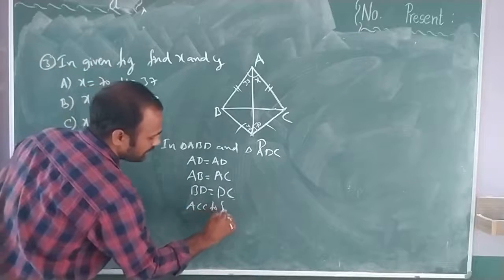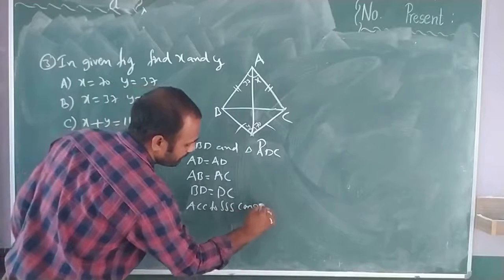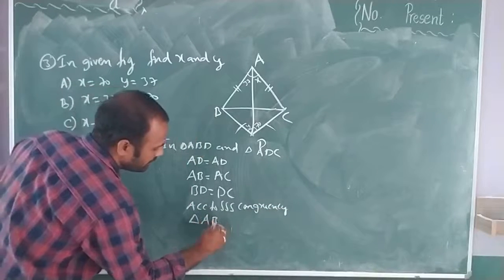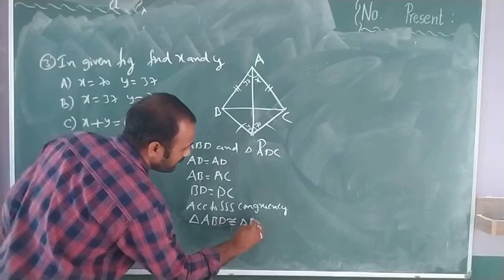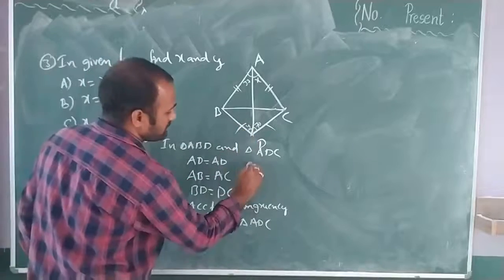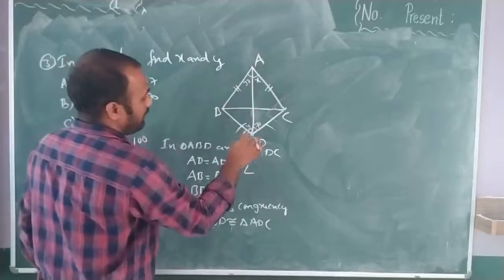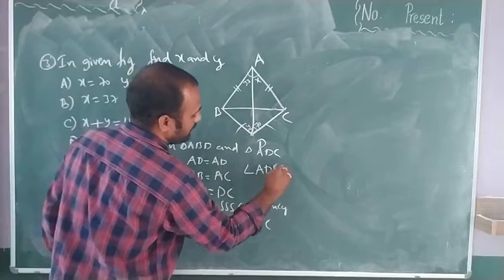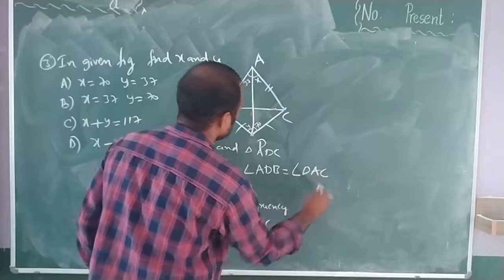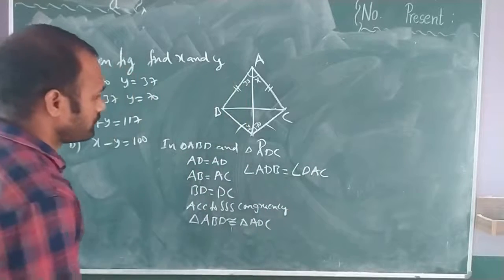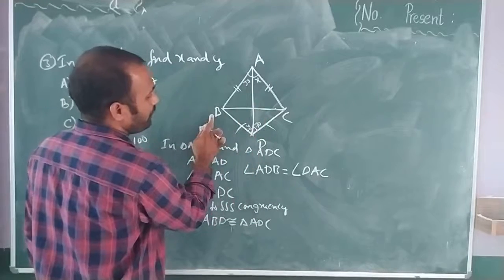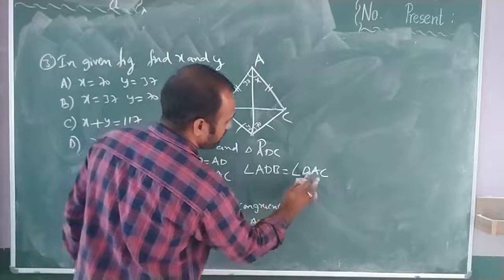So according to SSS congruency rule, we can say that triangle ABD is congruent to triangle ADC. If these two are congruent, then angle ADB will be equal to angle ADC.